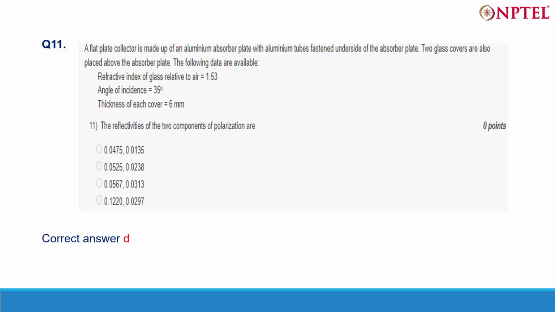So this is basically a flat plate collector made up of tube fastened on the side of absorber plate, two glass covers are placed above the absorber plate. Okay. Refracting index of glass relative to air is 1.53, angle of incidence is 35, thickness of each cover is 6 mm.